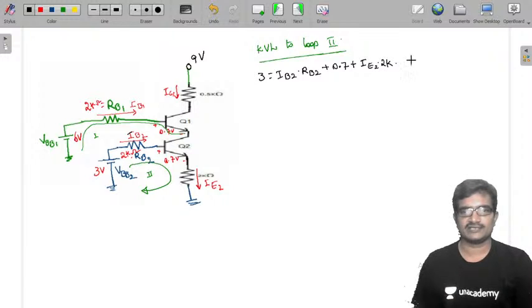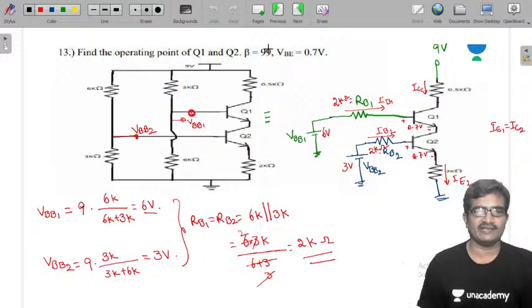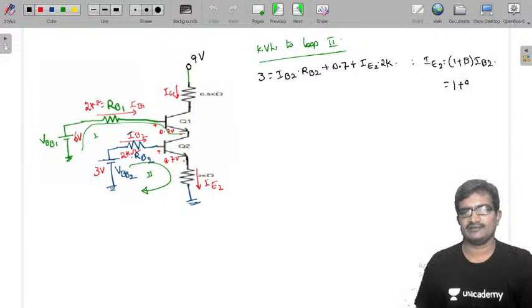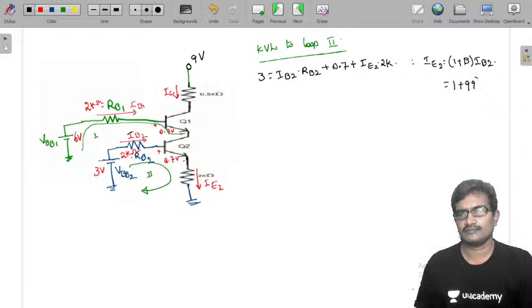And here we know that IE2 is 1 plus beta times IB2. The beta value given is 99. So 1 plus 99 into IB2, so it is 100 IB2.